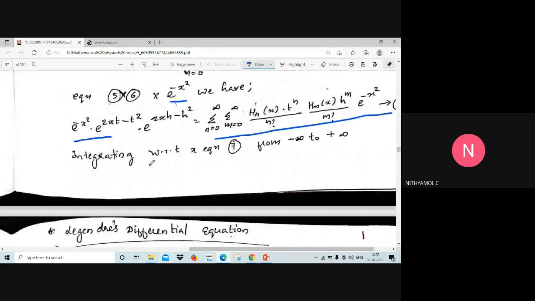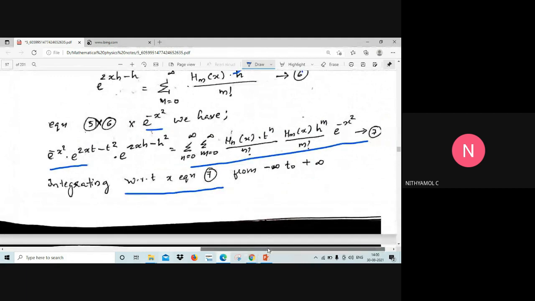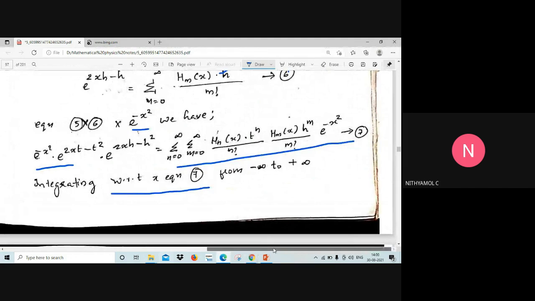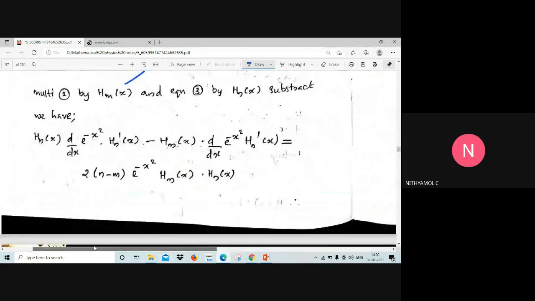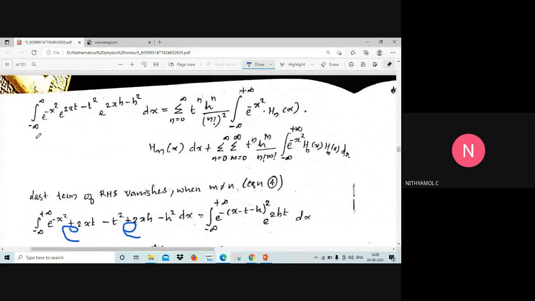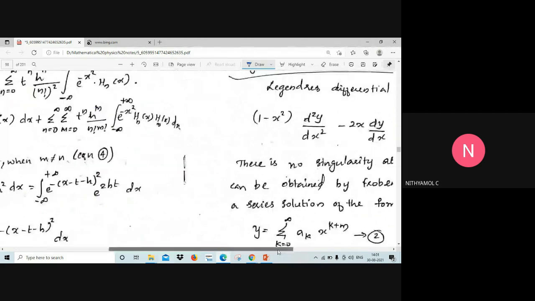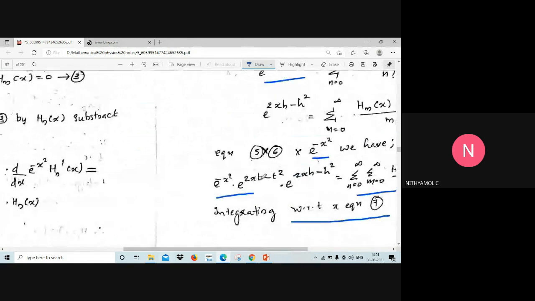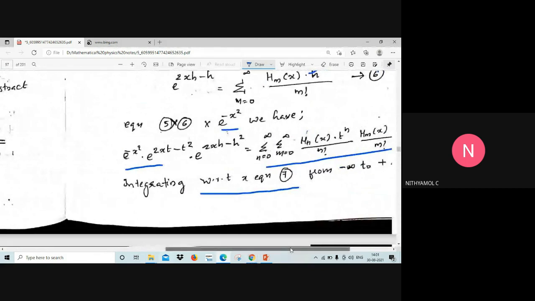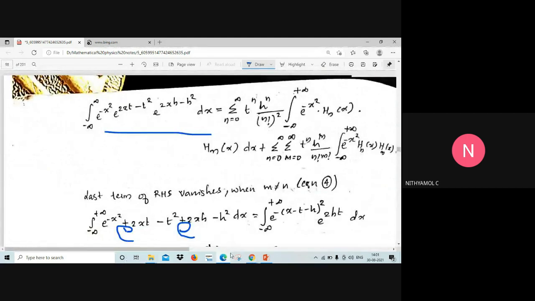Now we have to integrate this equation with respect to x from the limit minus infinity to infinity. Then the equation becomes the integral minus infinity to infinity of the LHS and the RHS.